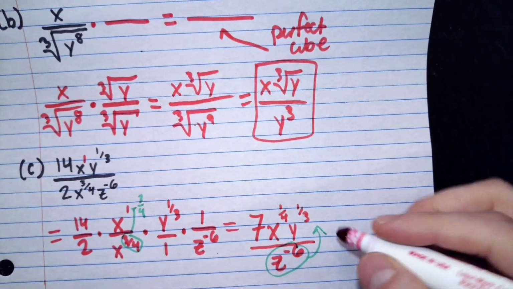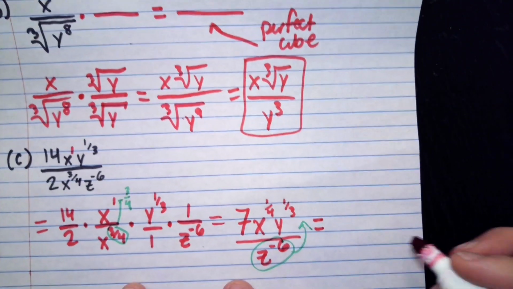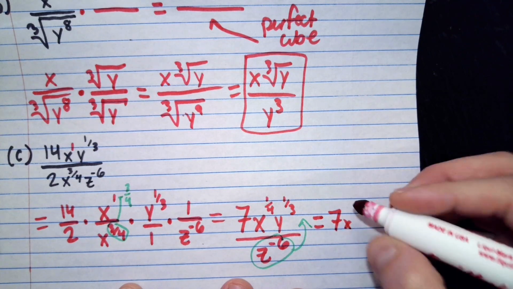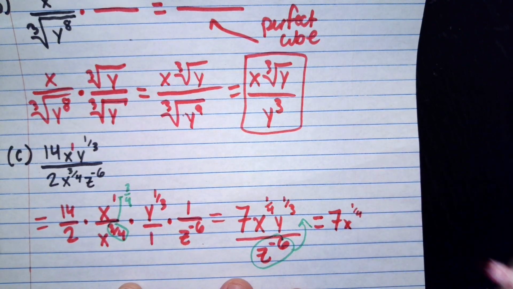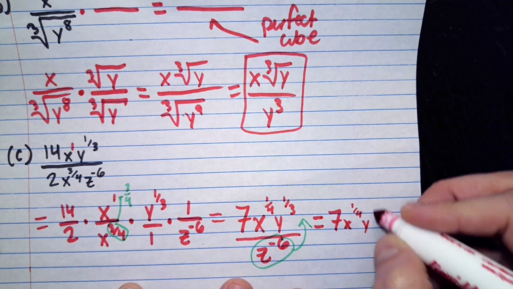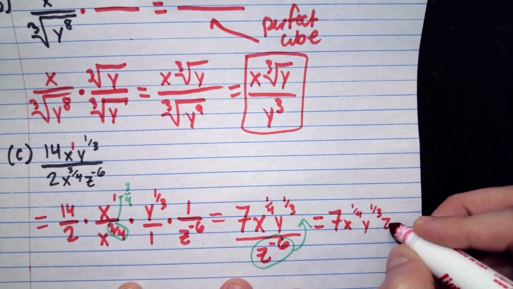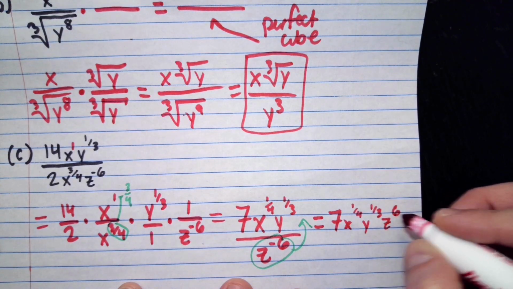And so that is going to give us our final answer, which is 7 x to the 1/4 power y to the 1/3 power and z to the positive 6 power.